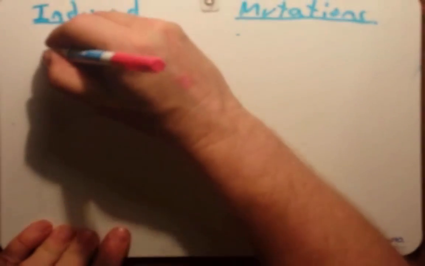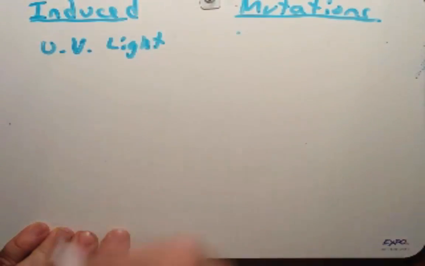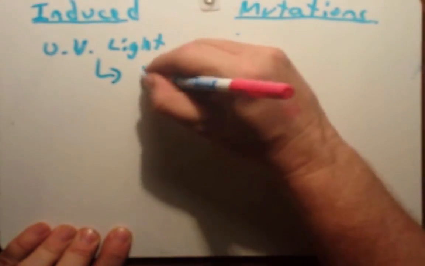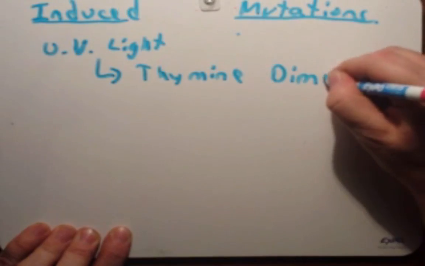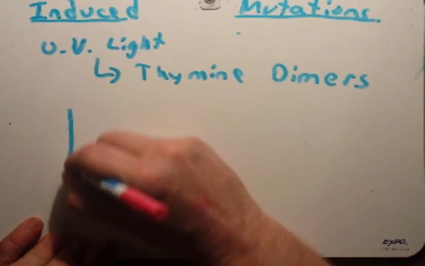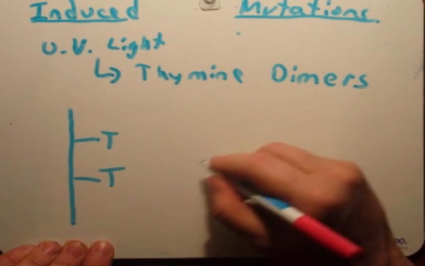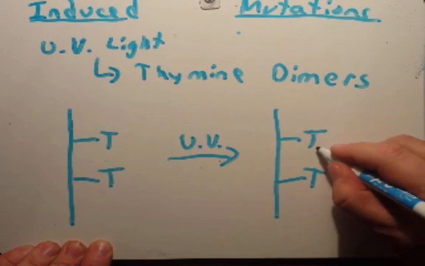The last thing I want to talk about is UV light. UV light will lead to what is known as thymine dimers. So if you have in a strand of DNA here two adjacent thymines, what can happen is these thymines will, as we say, dimerize.